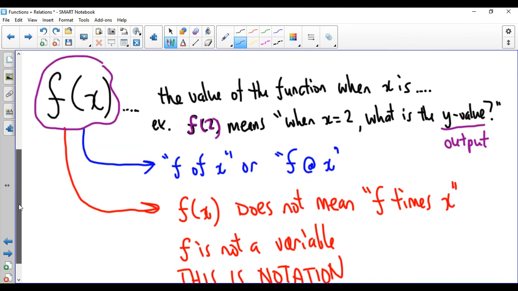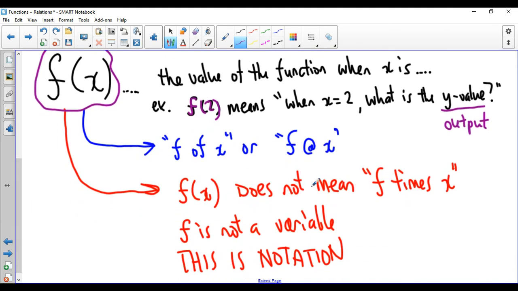And just down here, one disclaimer: f of x does not mean f times x. Some students, you know how it is, when you see something like 2 bracket x plus 1, what do we do? This bracket just means multiplication, like in between the 2 and the bracket, I multiply.